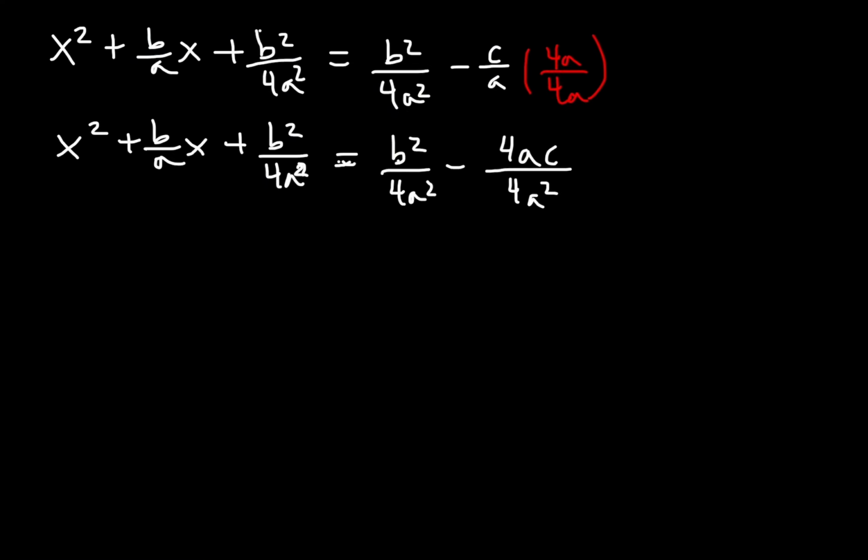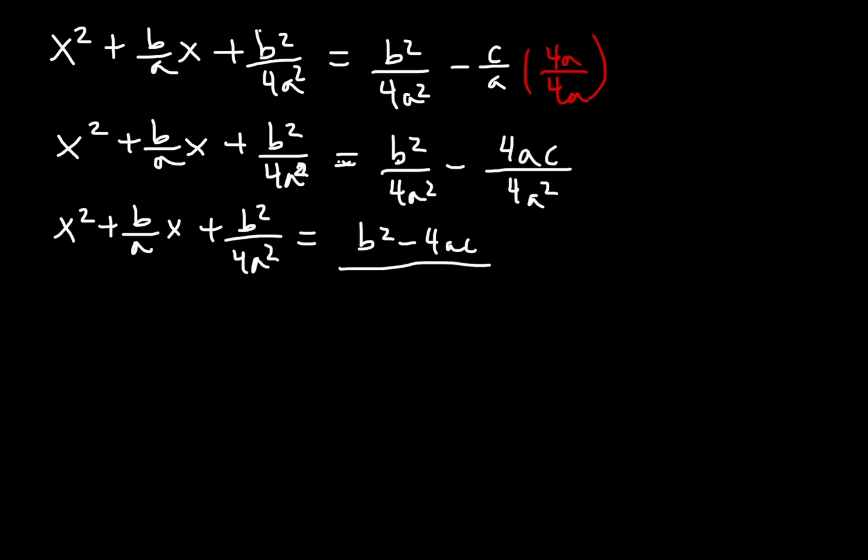So we have x squared plus b over a times x plus b squared over 4a squared, which equals b squared minus 4ac, and at the bottom we simply combine the denominator, which gives 4a squared. And if you didn't notice, this right here is a perfect square trinomial because we just completed the square.